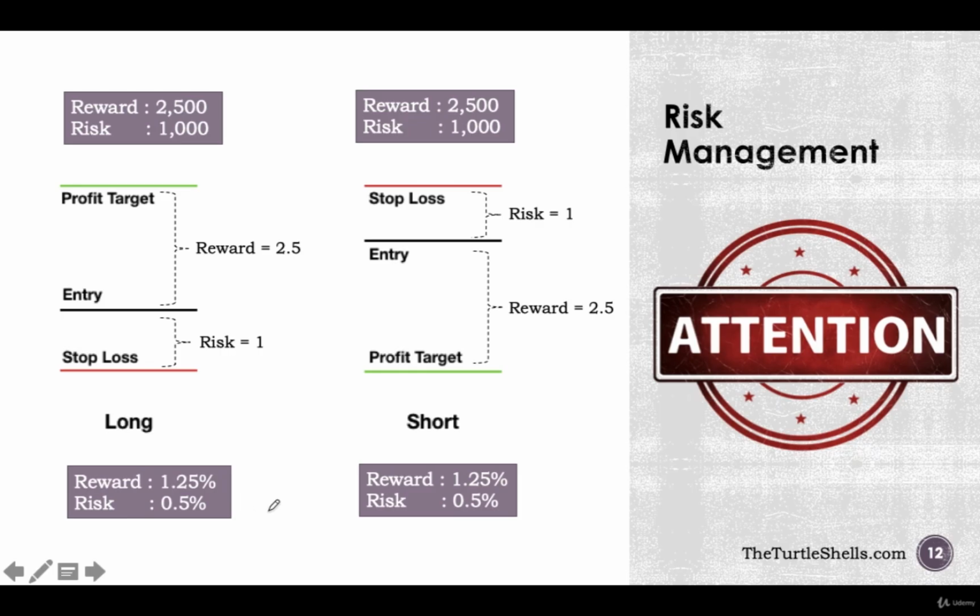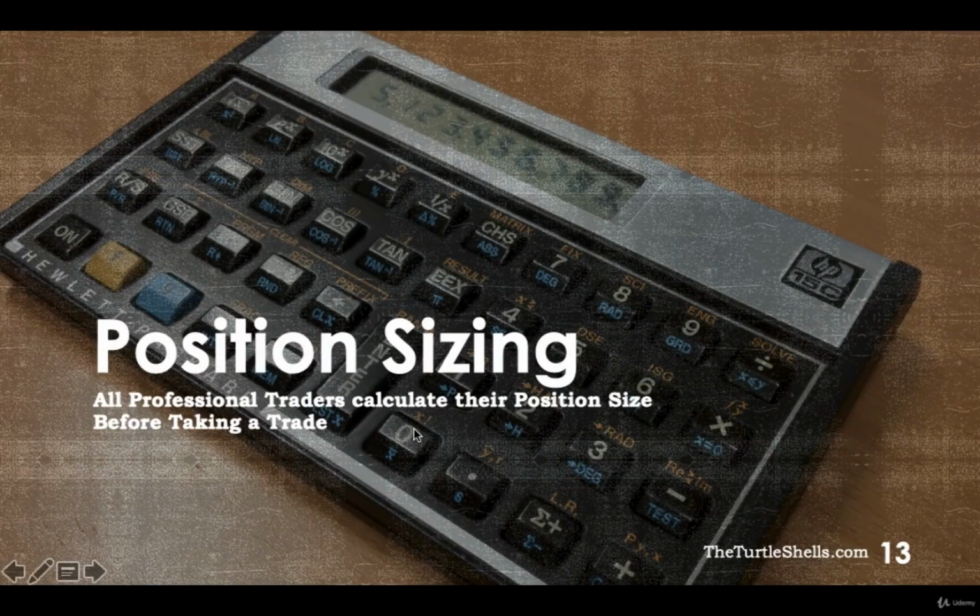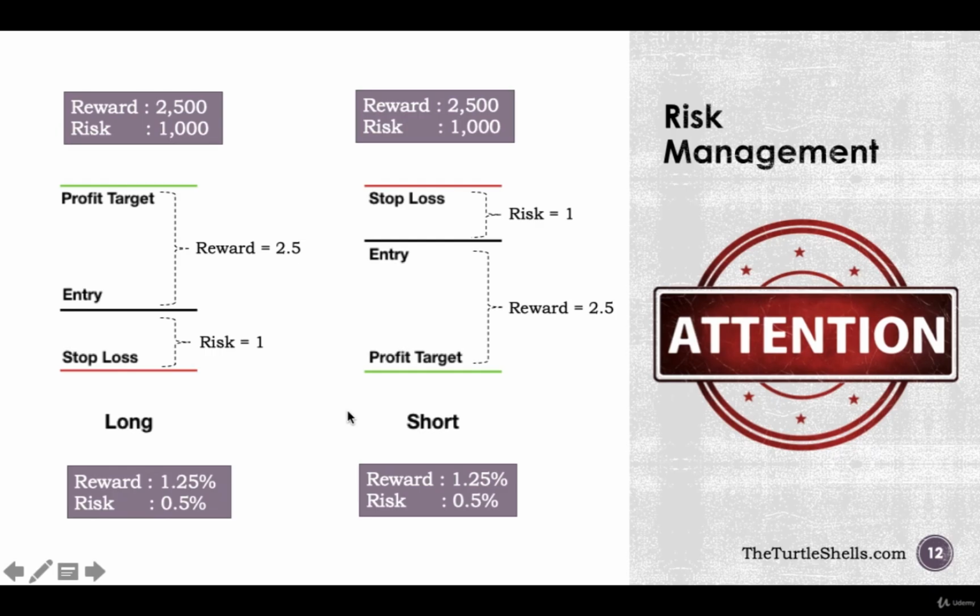Now, how do you implement this? That is where we come to what is called as position sizing, which we will look at in the next video. Just ensure that risk management is all about risking a fixed percentage of your account on any given trade and keeping that risk constant across all your trades while you keep your reward to risk high, at least 2:1. Okay? That's what risk management is all about.